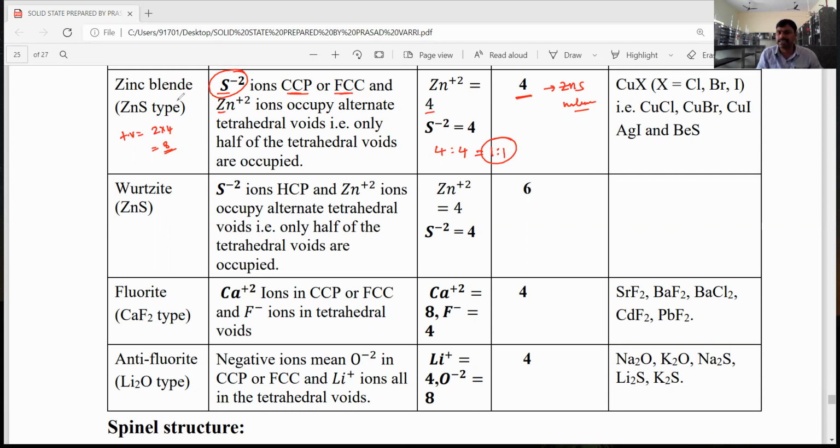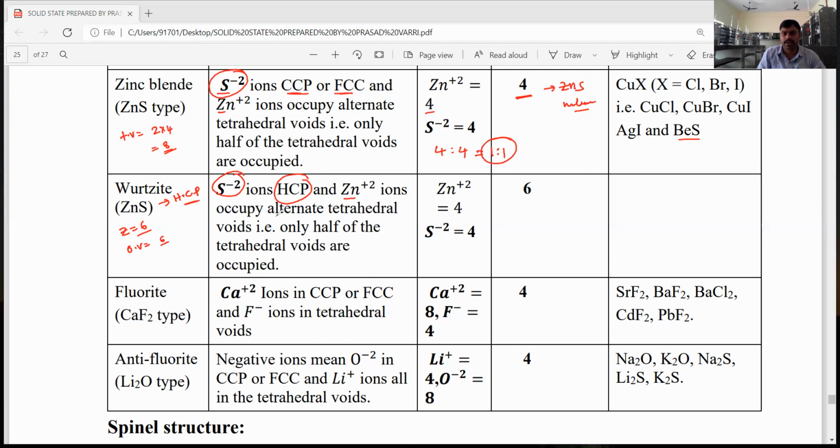Examples for zinc blende like structure are copper halides, CuX, silver iodide, and beryllium sulfide, which also belong to the zinc blende type of structure. And wurtzite has an HCP structure, hexagonal close packing, and sulfide ions occupy the HCP crystal structure. For Zn2+ ions, HCP means Z is equal to 6, dear students, and the octahedral voids are 6.